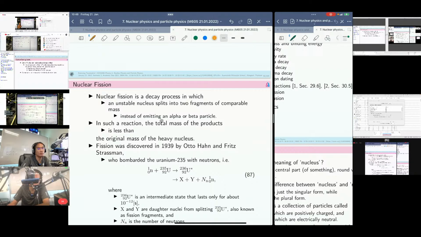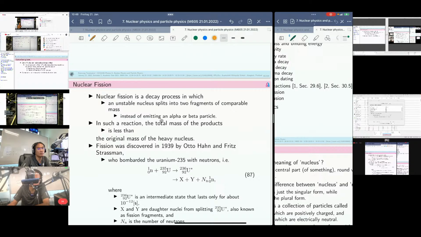In some cases it splits into two big nuclei, which are called daughter nuclei. And in this decay process, humans can get a lot of energy.